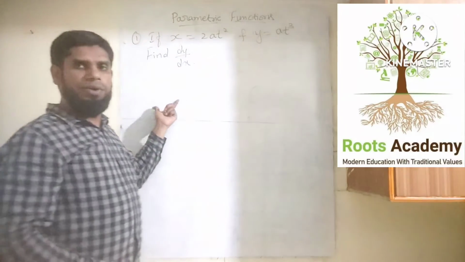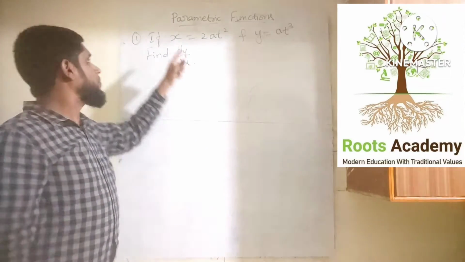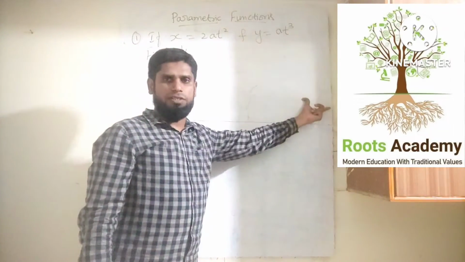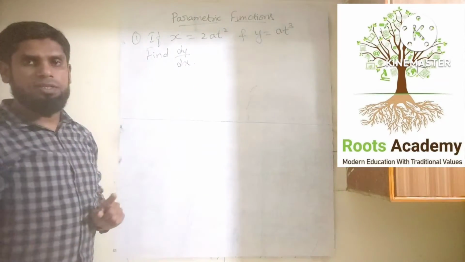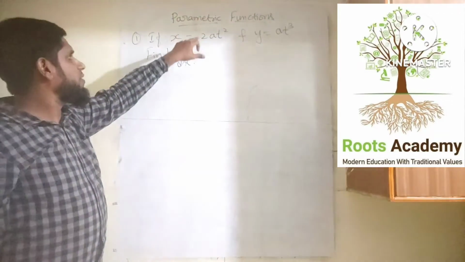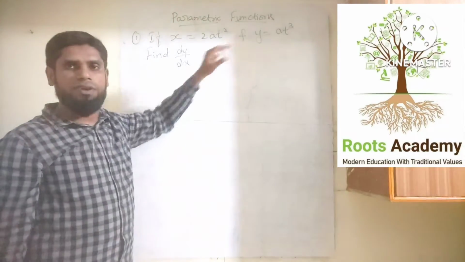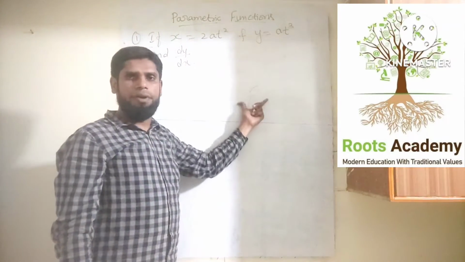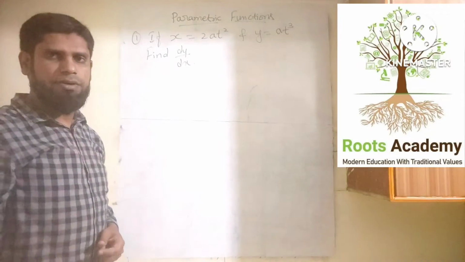That is, they may give one function, without mentioning x, y or anything, and ask its derivative with respect to another function. That is also considered a parametric function, so we differentiate like this only. We first consider it as parametric, then follow the process of parametric function derivatives.